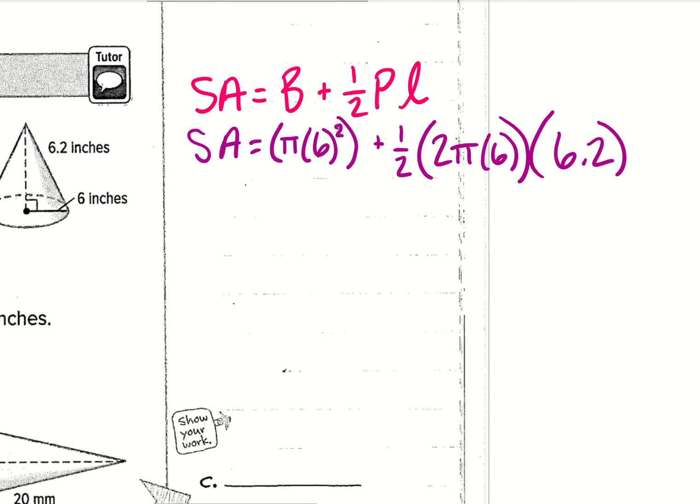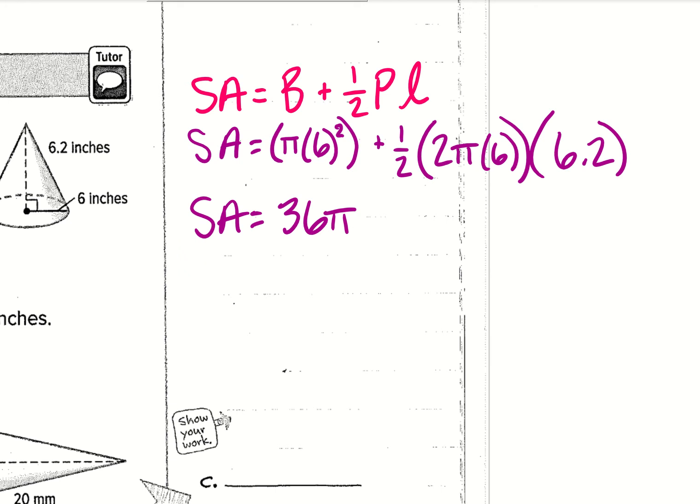So I'm going to go ahead and simplify from there. I'm going to have surface area equals pi times 6 squared. 6 squared is 36, so I'm going to rearrange that to be 36 and then pi. We just switched them is all I did there.